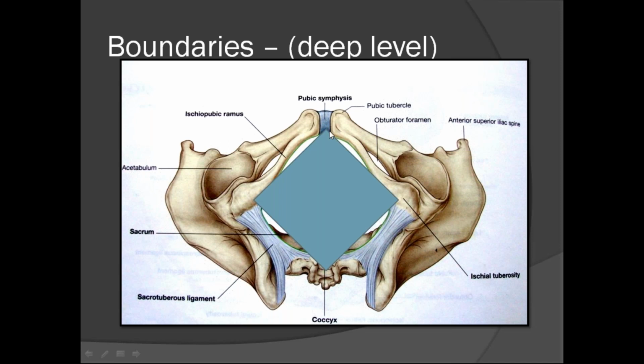Anteriorly the pubic symphysis, and below the pubic symphysis one ligament is there, the inferior pubic ligament. Anterolaterally the ischiopubic rami. Laterally the ischial tuberosities. Posterolaterally the sacrotuberous ligament, and posteriorly the tip of the coccyx.